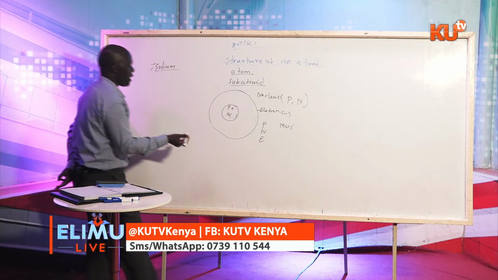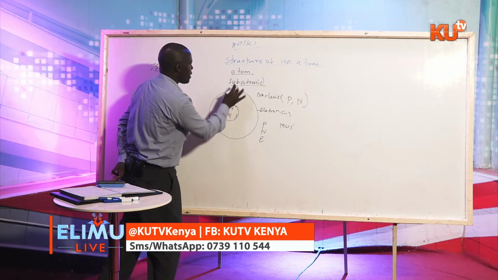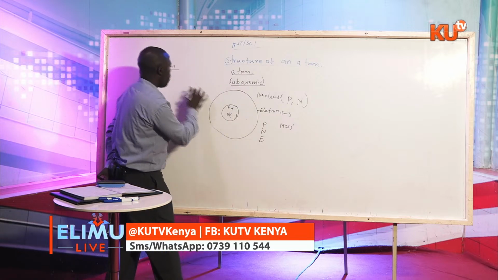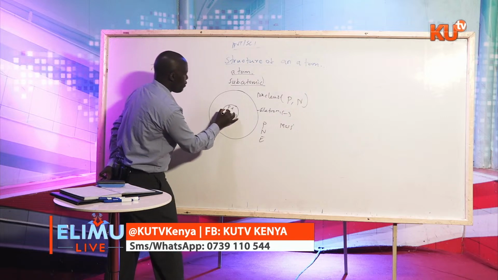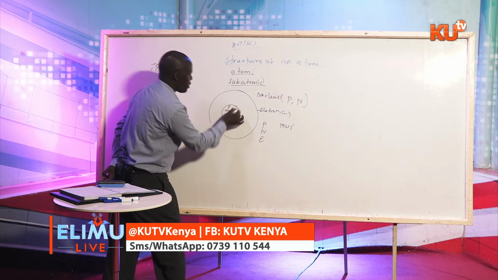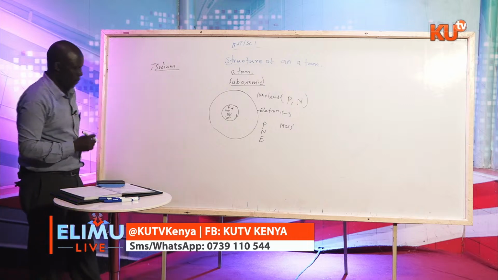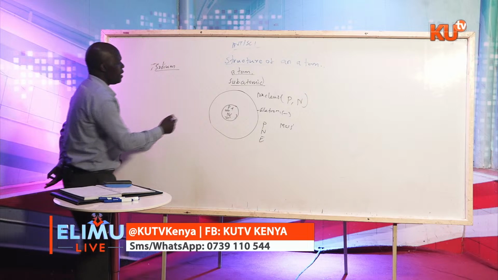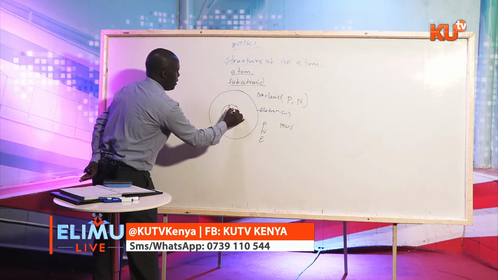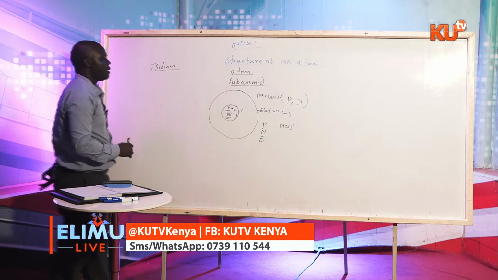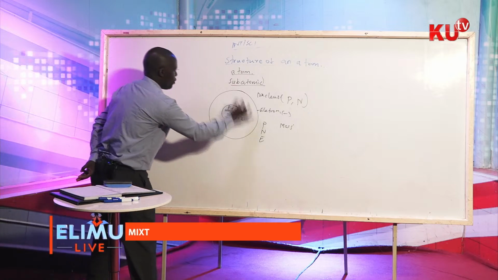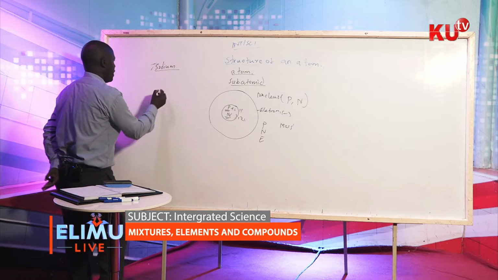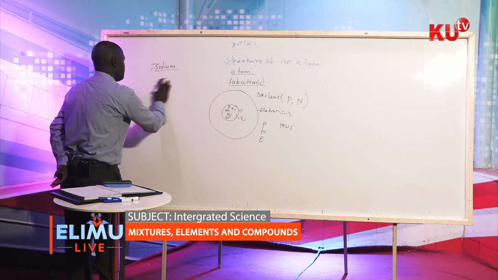The mass number is the sum of the subatomic particles in the nucleus of an atom. For example, to get the mass number of sodium, we add the number of protons plus neutrons found in the nucleus of sodium. Sodium has 11 protons and 12 neutrons. So when we want to present sodium, we write it this way.